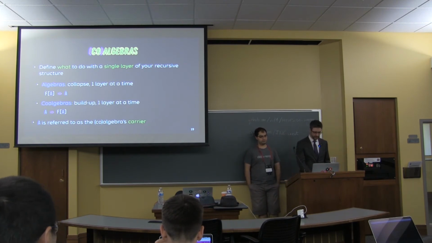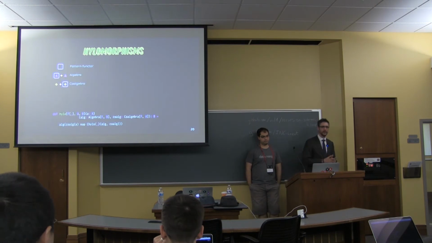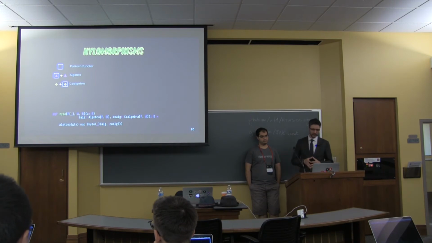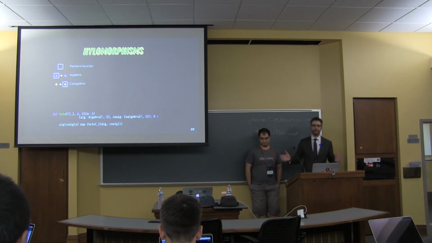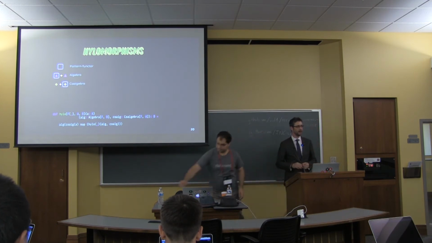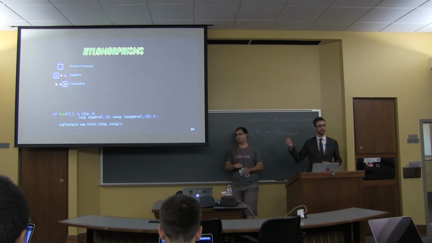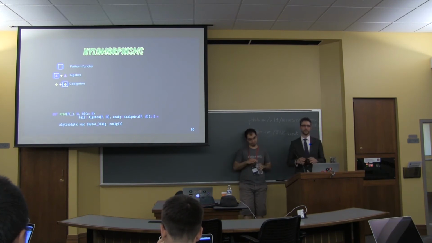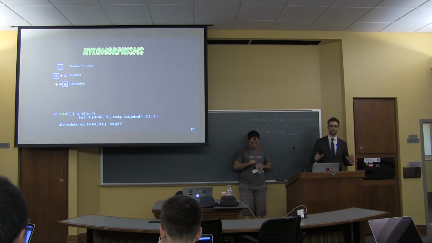Good point. All right, so let's see an example of how that works. I've picked hylo because everything else can be expressed in terms of hylo. So once you understand how hylo works, you basically have the gist of how every other scheme will work.